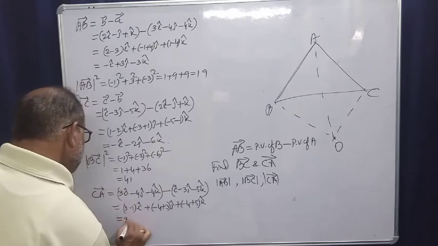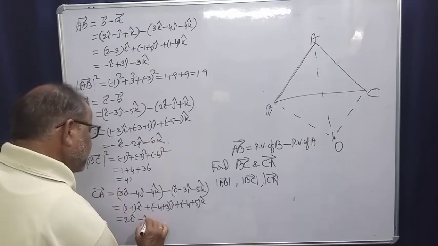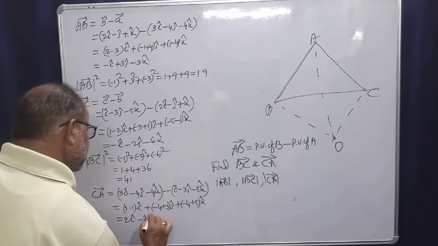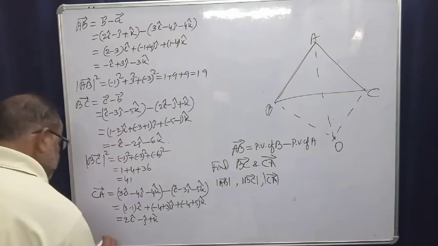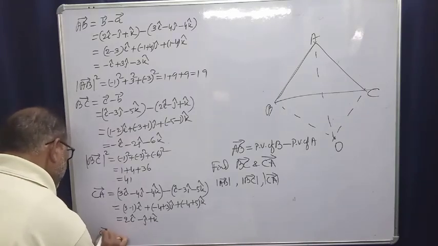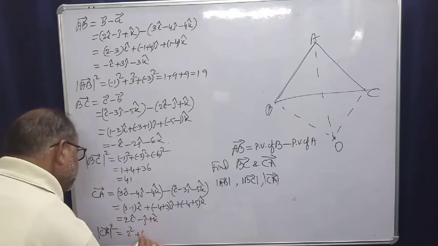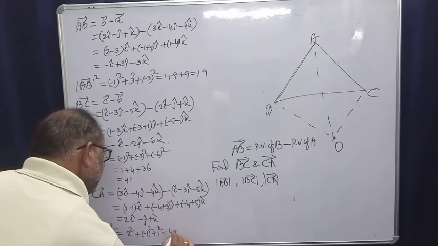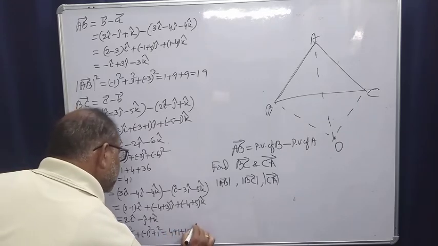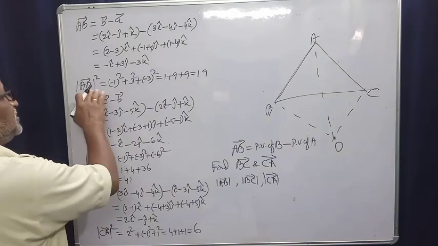This is 2i cap minus j cap plus k cap. It is CA. So magnitude of CA square is 2 square plus minus 1 square plus 1 square, that is 4 plus 1 plus 1, that is 6.